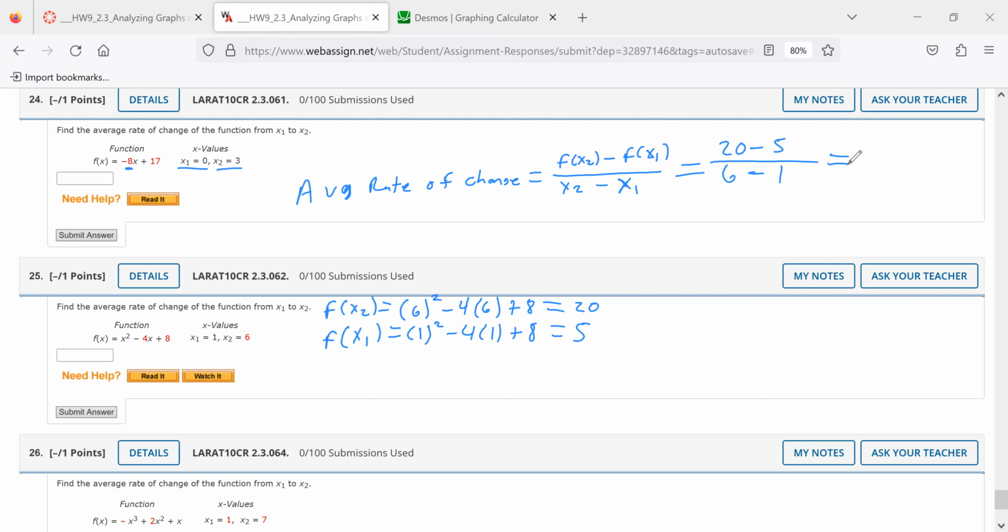So the average rate of change for the parabola, we're doing this one, between those 2 points is 3. It's also the slope of the secant line that connects those 2 points.